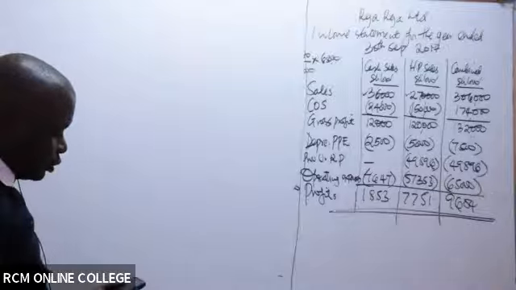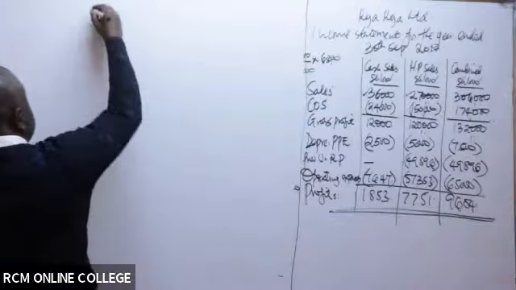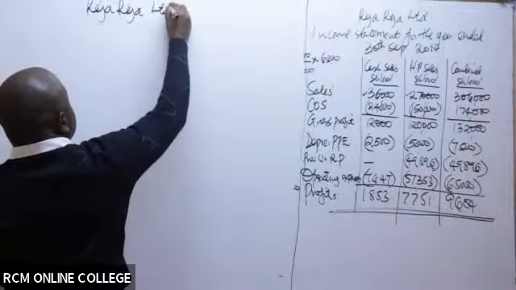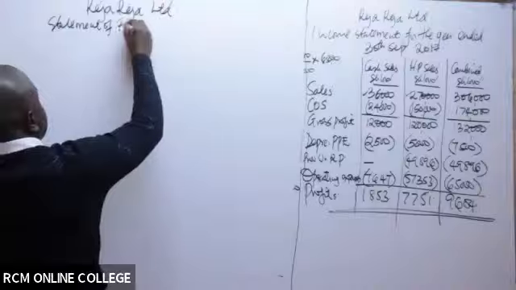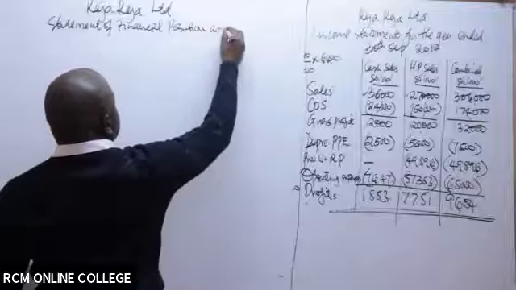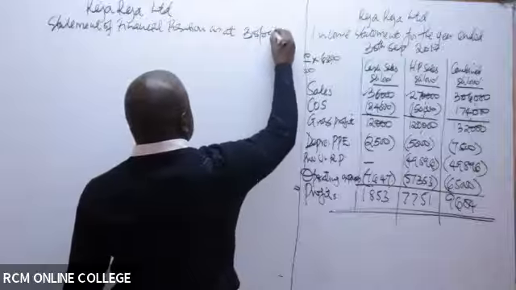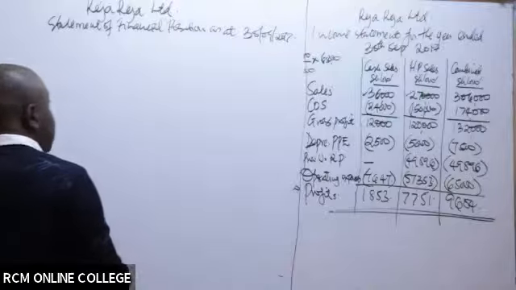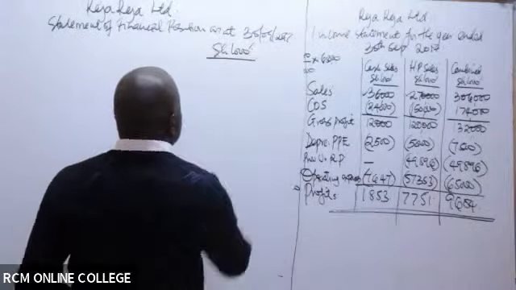Thronint Limited. So the statement of financial position. Our shillings are actually in thousands.